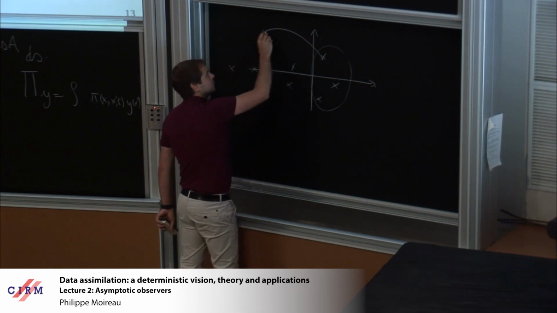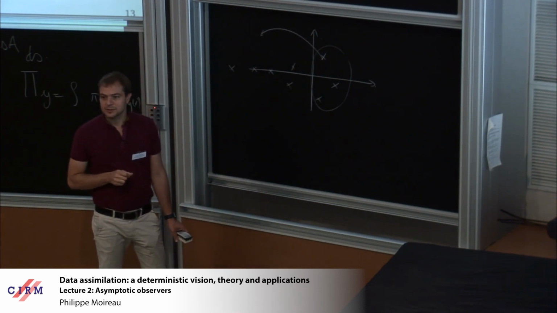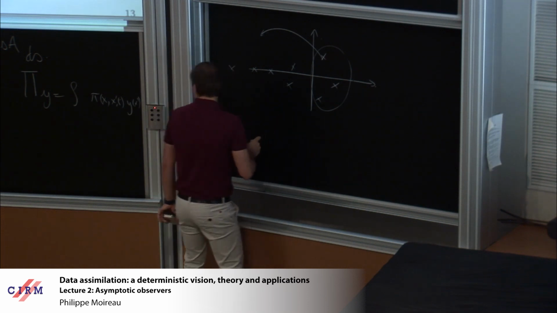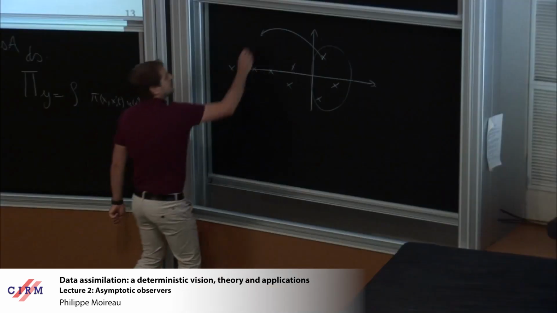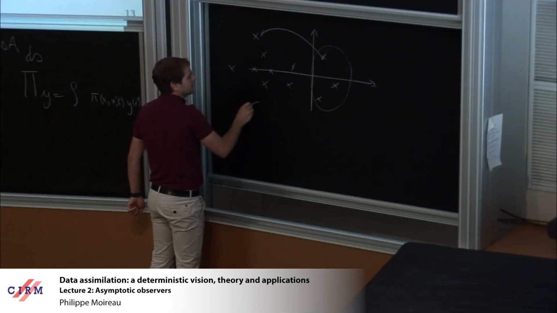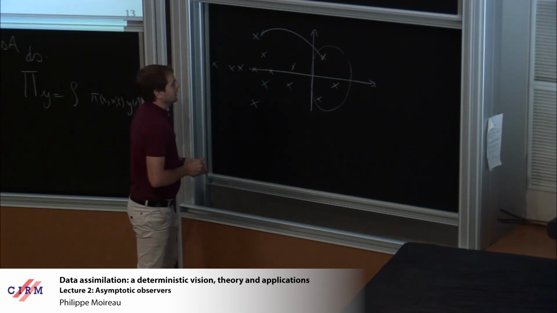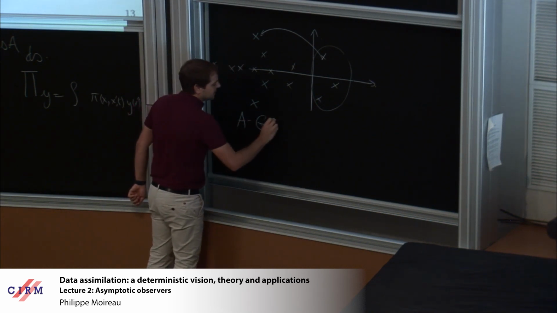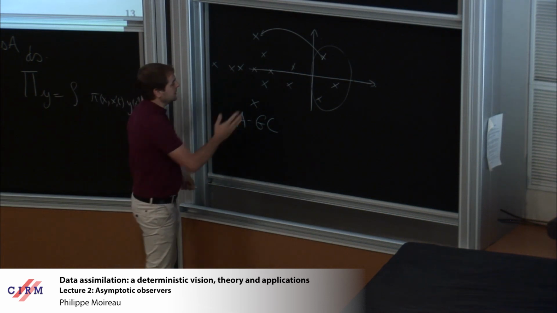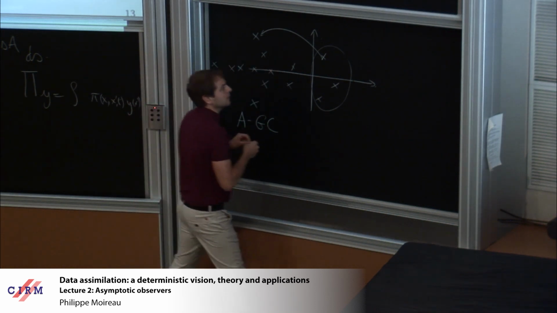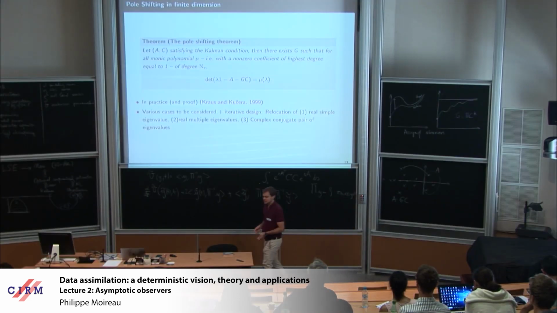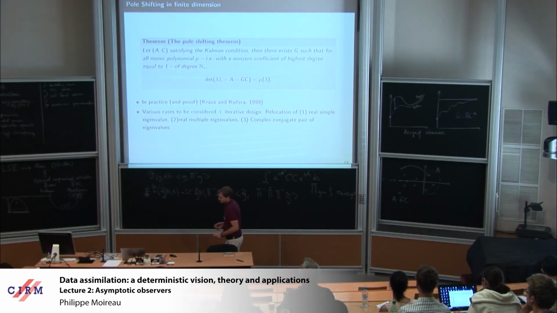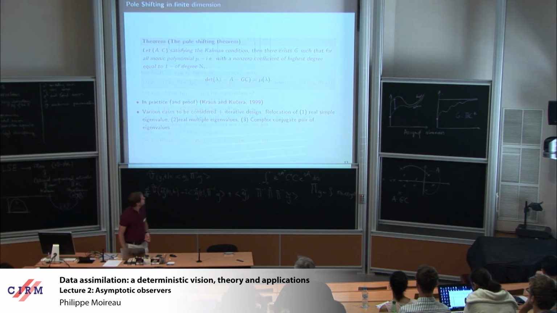The idea is that you can move them here on this part. And then to have the poles, for example, and if the blue ones are associated to JC, okay, this system is much more stable than the system, the poles of A, okay? That's the idea. So let's look at how it can work.